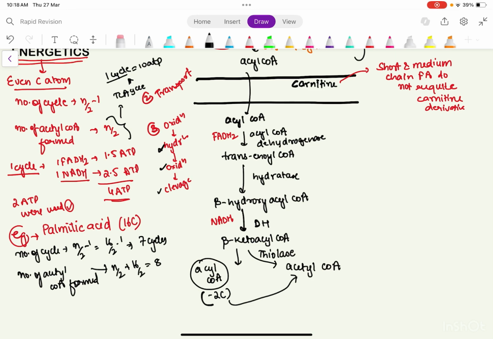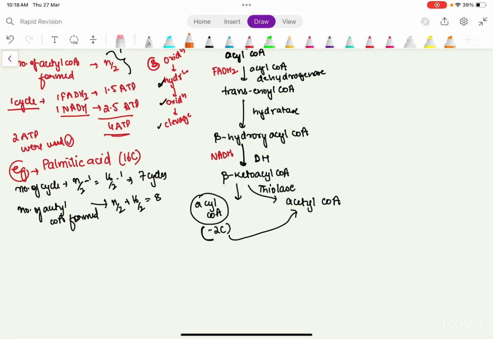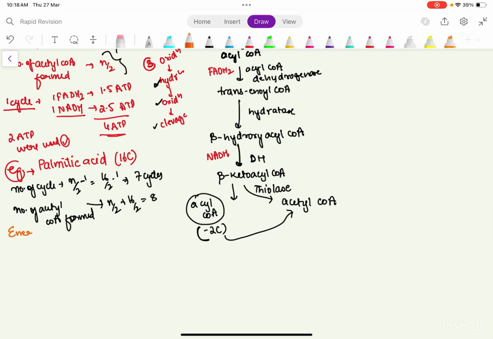Let's talk about the energetics. We have 7 cycles, so this is 7 into 4, which is 28 ATP, plus you have 8 acetyl CoA going to the TCA cycle.